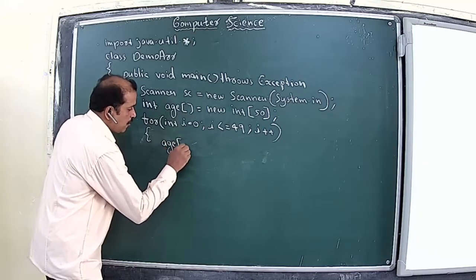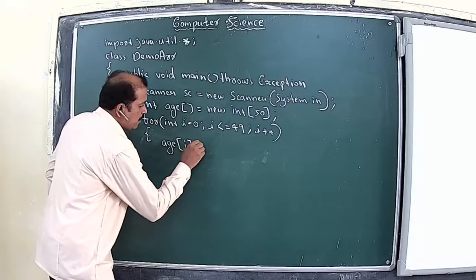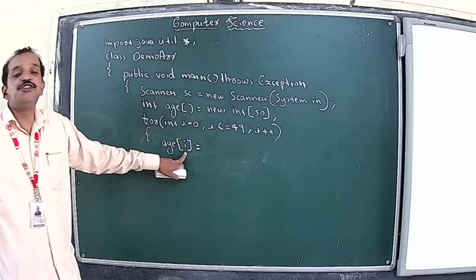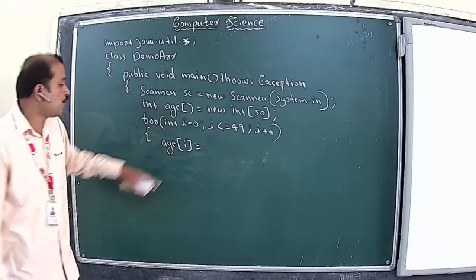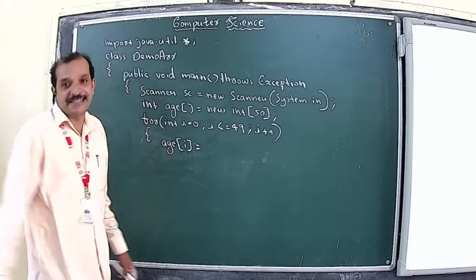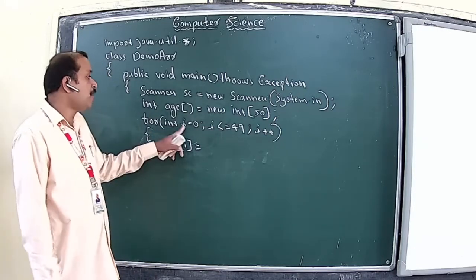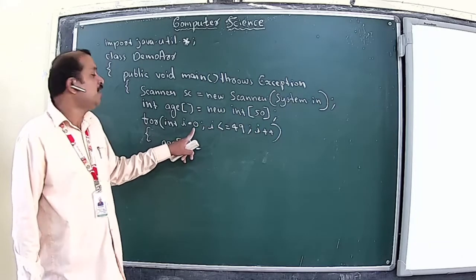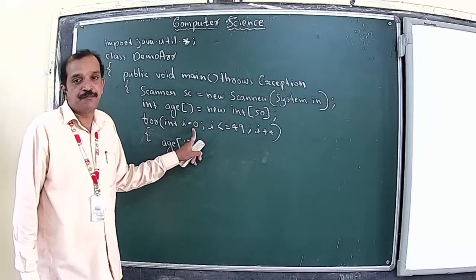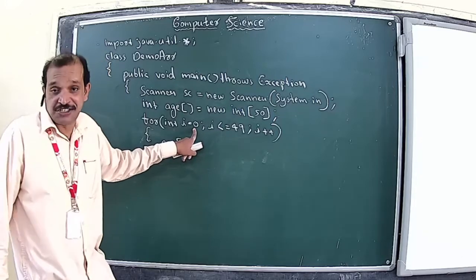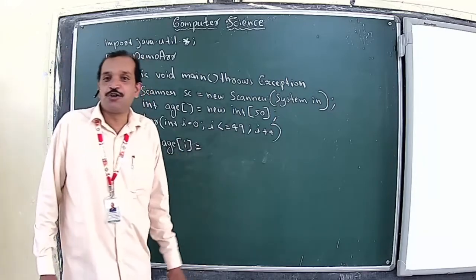age of i. See how the loop control variable is used instead of using the index directly. The subscript of an array is represented here by the loop control variable that iterates through the values up to the total number of elements in the array, that is, in this case, 0 to 49.